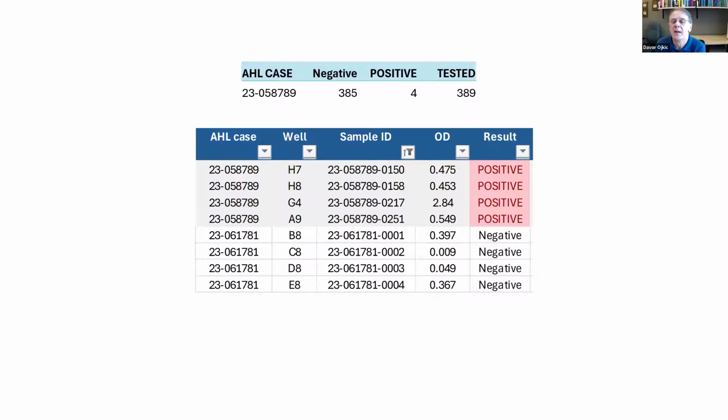So yes, in this case, the test did produce some presumably false reactors, because if the animal was truly infected, you wouldn't lose such a big signal in a matter of a few weeks.